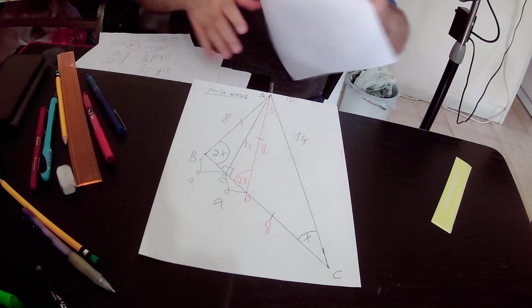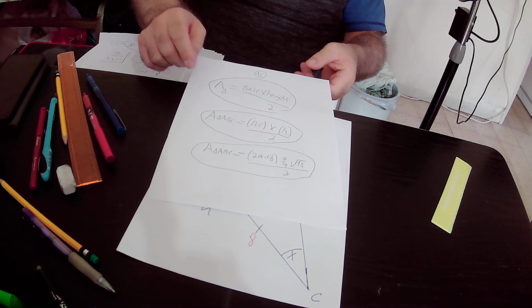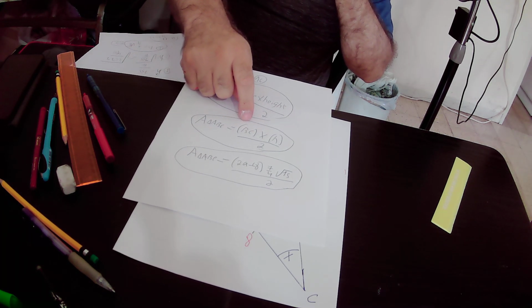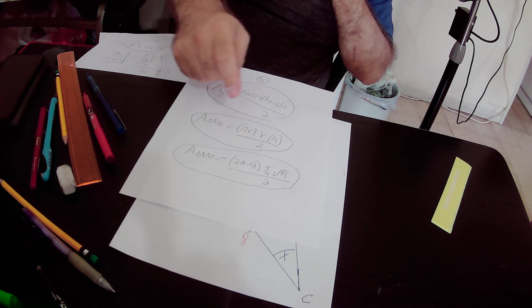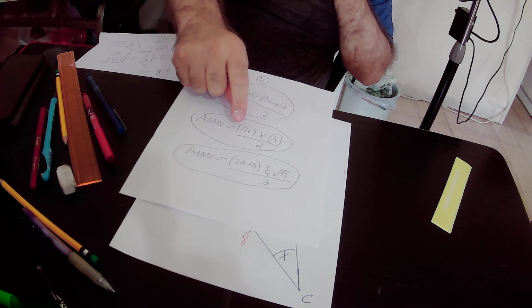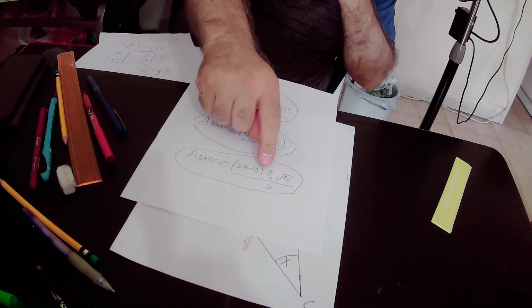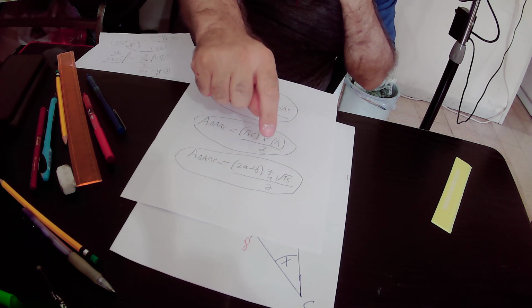Again, the area of triangle ABC equals the base BC times the height, that is h, over 2. And BC equals 2a plus 8, and h equals 7 over 4 times root 15.